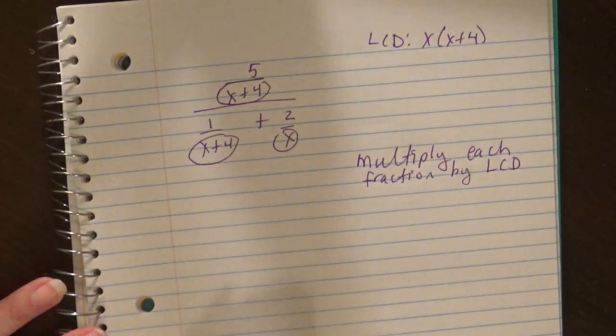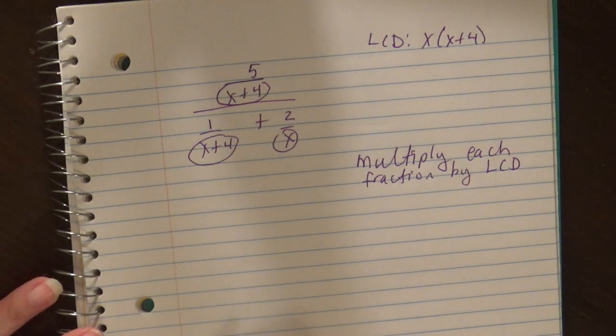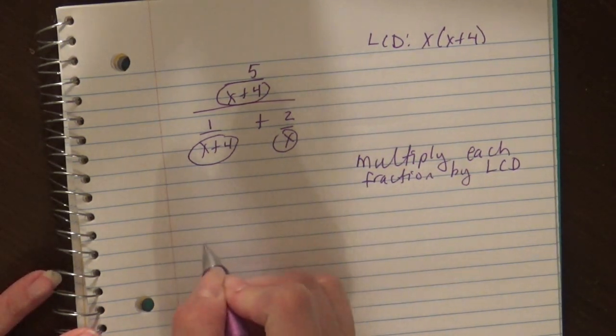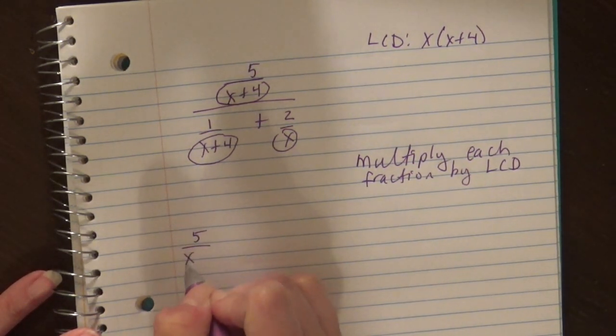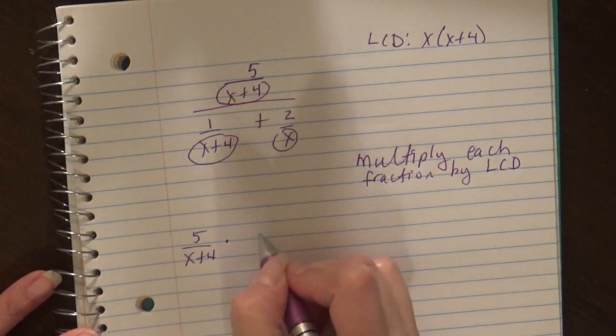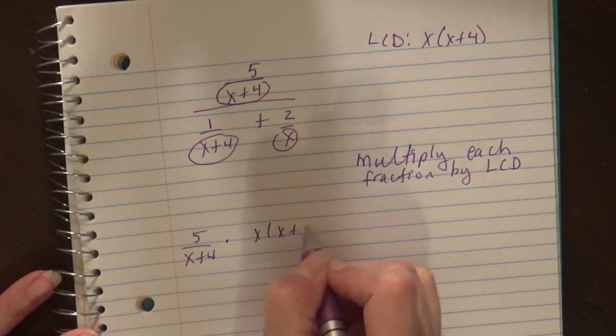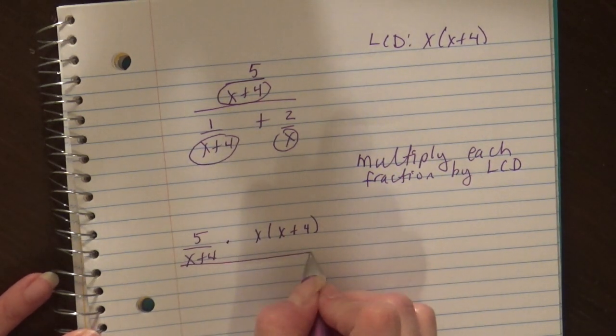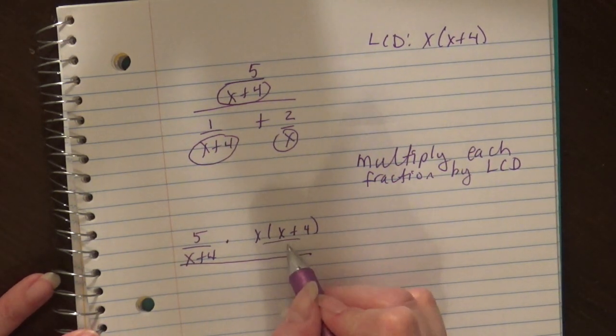So you're going to say 5 over x plus 4 times the LCD. So that's what the top looks like. And you can put that over 1.